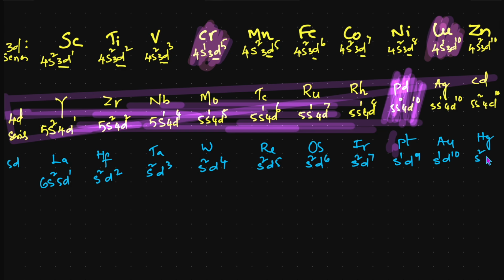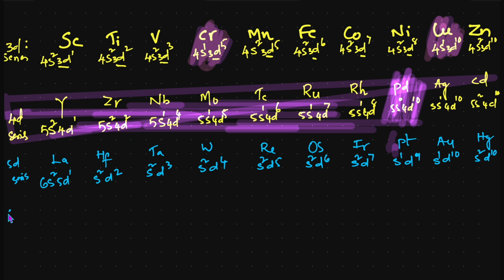So mercury is s2 again with d10 configuration. So these are the elements of the 5d series. Okay, so 5d series elements are in this way, right?